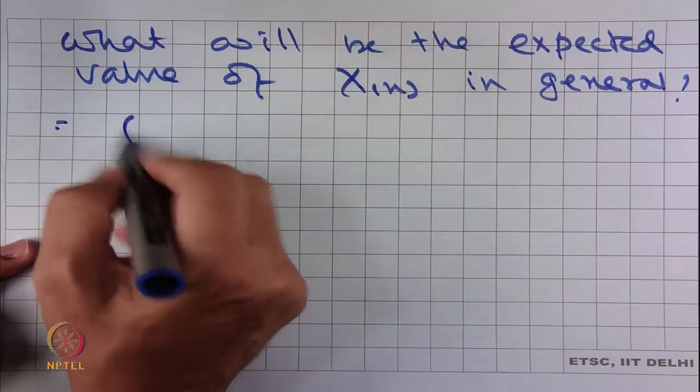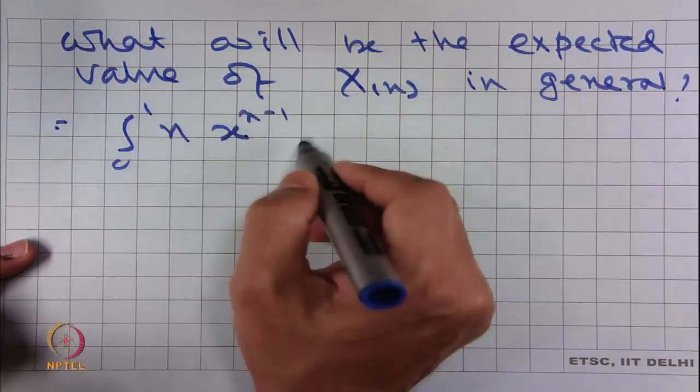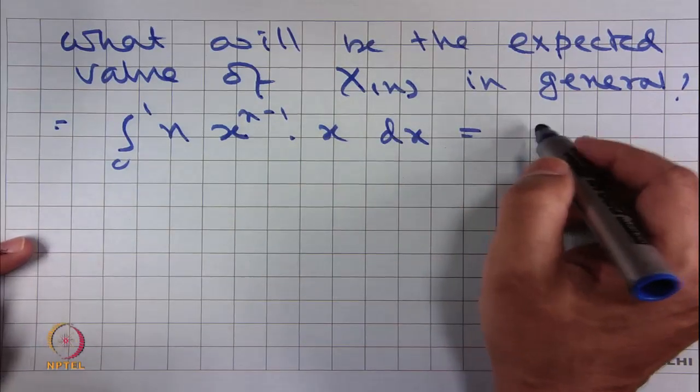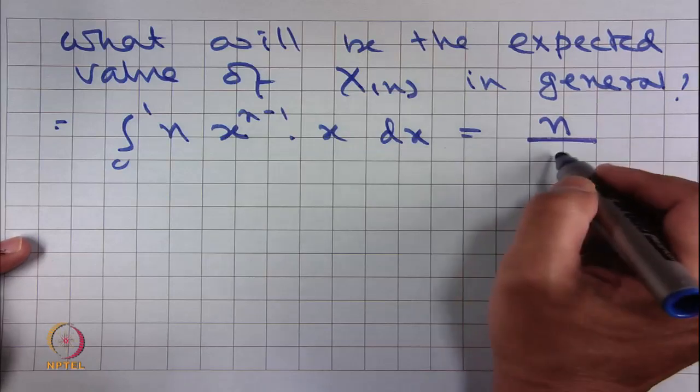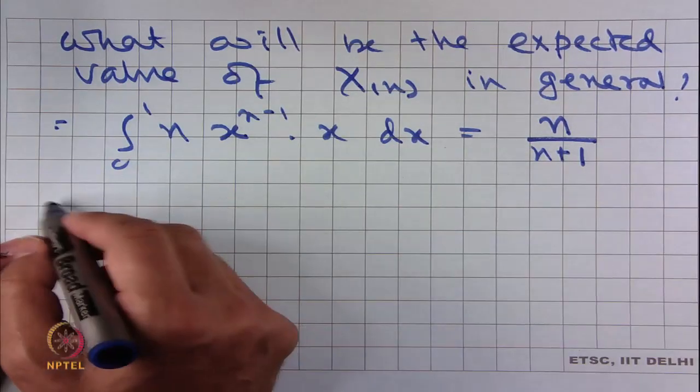Obviously, it is the integral from 0 to 1 of n x^(n-1) times x dx, and it is n upon n plus 1. Therefore, what does it say?